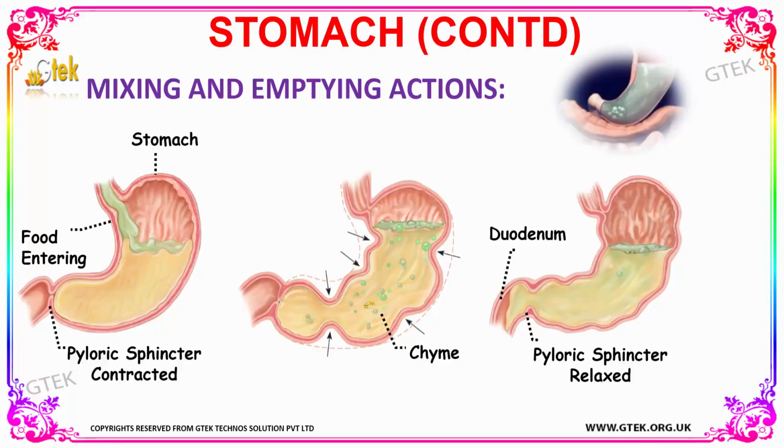Once the food is mixed with the gastric juices, then chyme is produced, which is a mixture of the food and gastric juices. After which your pyloric sphincter relaxes and your food enters your duodenum. So this is how the stomach performs the production of chyme, that is the initial stage of the digestion of proteins.